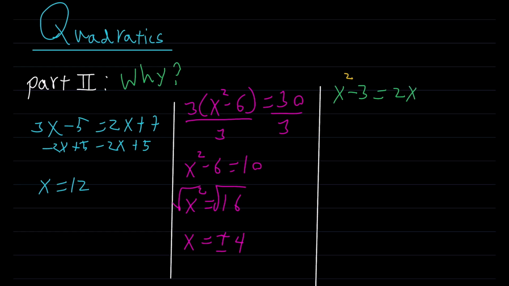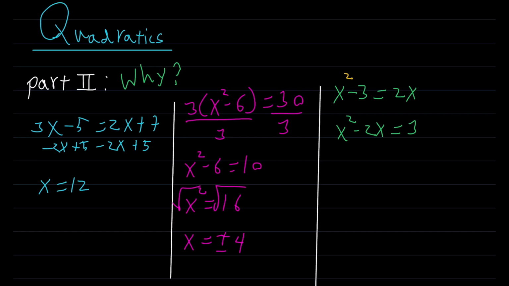So okay, you say to yourself, well, this one's super easy, same deal. Subtract 2x, add 3, get all the x's on one side, and you end up with x squared minus 2x equals 3. Okay, super simple. Where do we go from here? Well, you could try dividing by x or something like that.